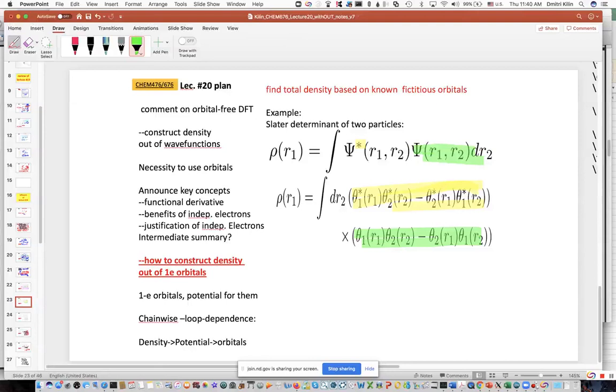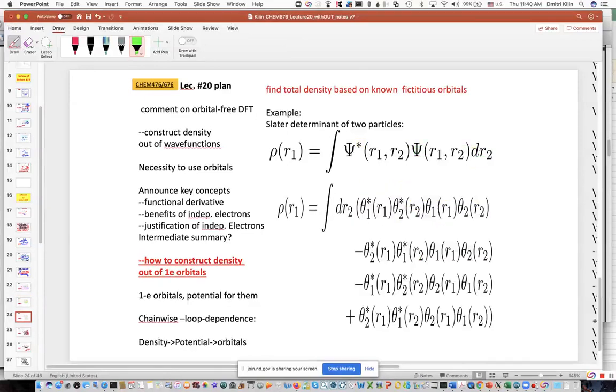Yes, thank you, Rebecca. So if we carefully do it, each term will consist of 4 orbitals. The first 2 orbitals will be with conjugation, and the second 2 orbitals everywhere will be without conjugation.